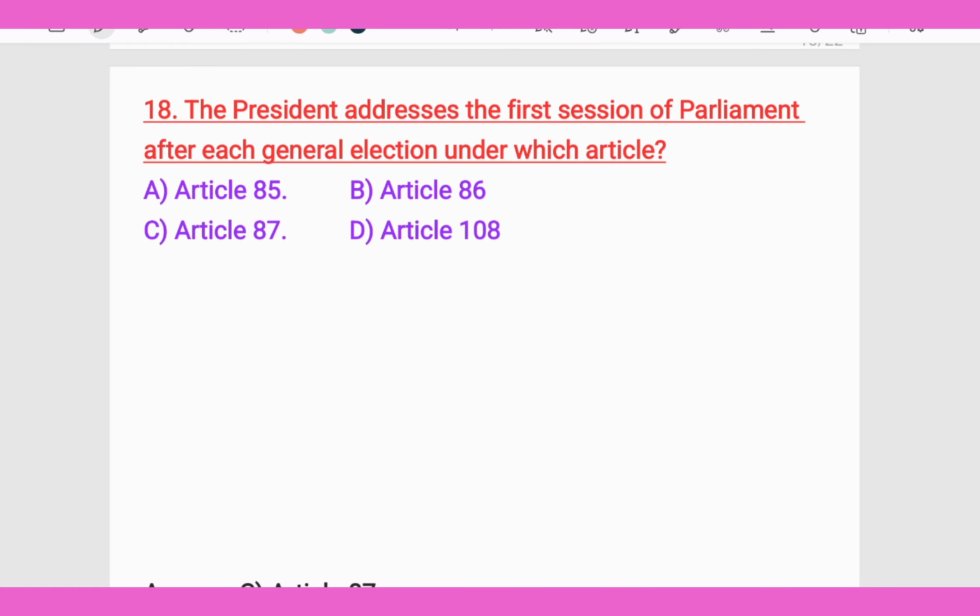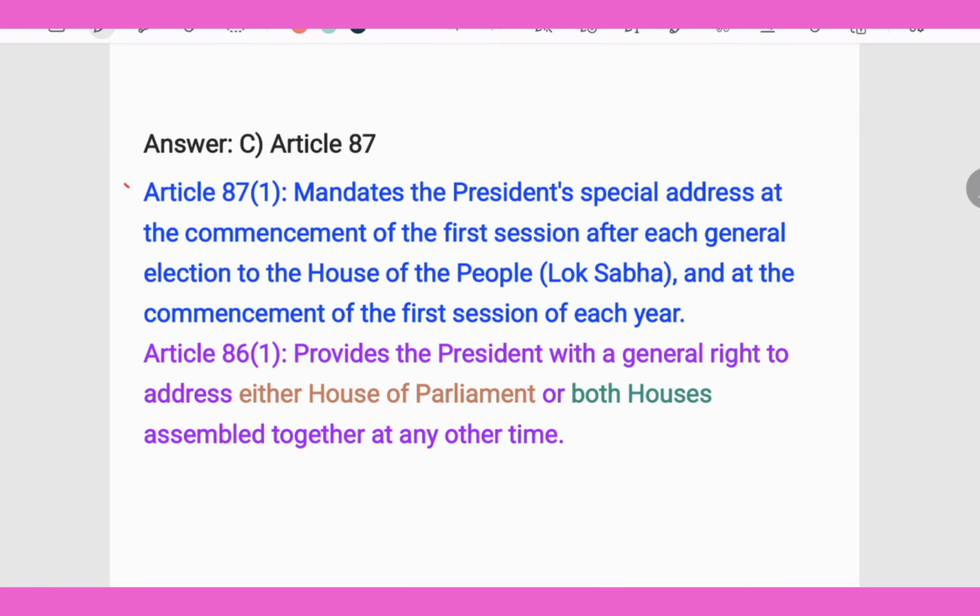The next question is, the President addresses the first session of Parliament after each general election under which article? Generally, after the election takes place, the new Lok Sabha is created. The first session of the new Lok Sabha is addressed by the President. Article 87 says that the President's special address is at the commencement of the first session after each general election to the House of the People, Lok Sabha, and at the commencement of the first session of each year.